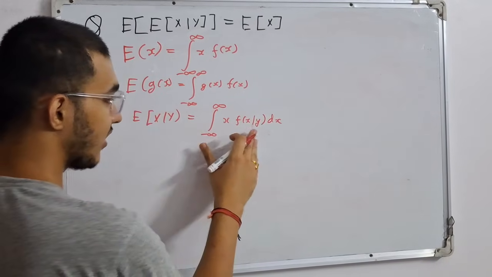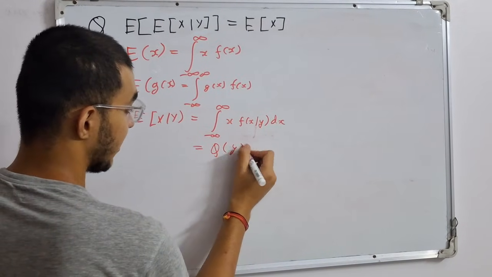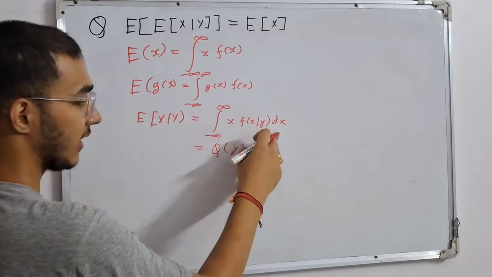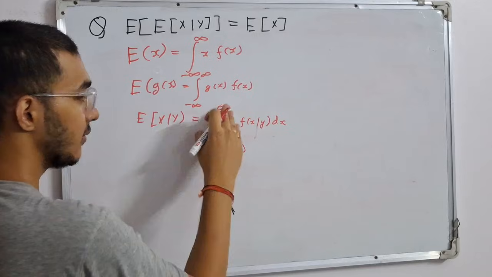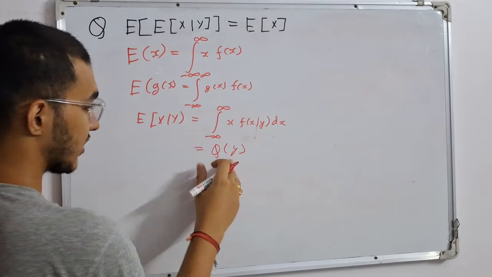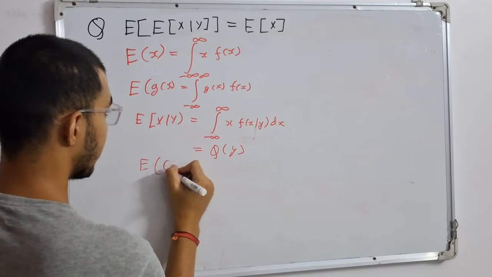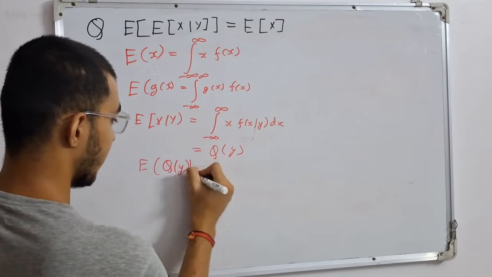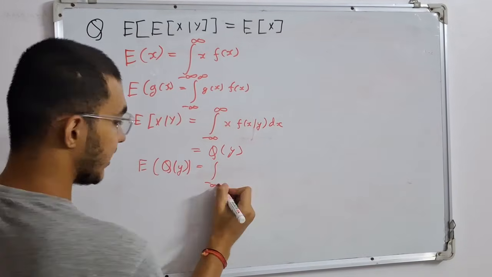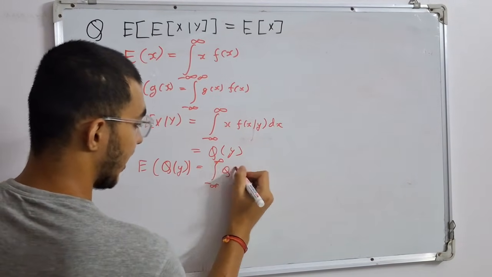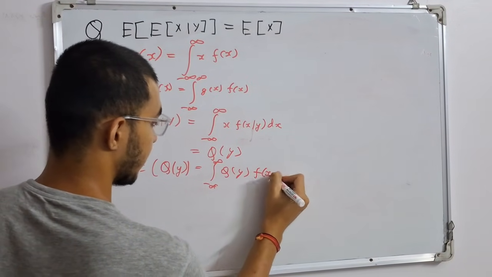So we can assume this term to be q(y), as it will be free from x because we are integrating with respect to x and the limits are constant, so it will be a function of y. Then we find the expectation of q(y). It will be equal to, by this formula, integration minus infinity to infinity q(y) f(y) dy.